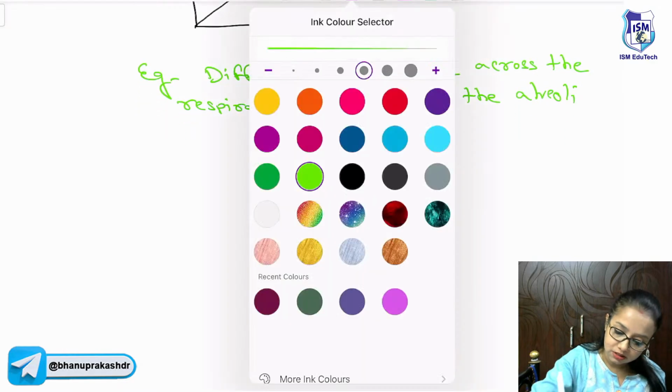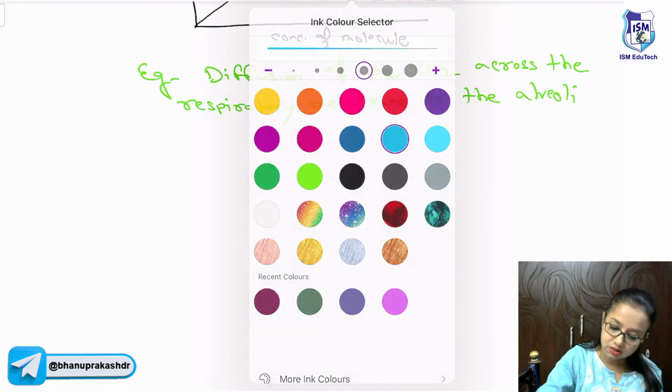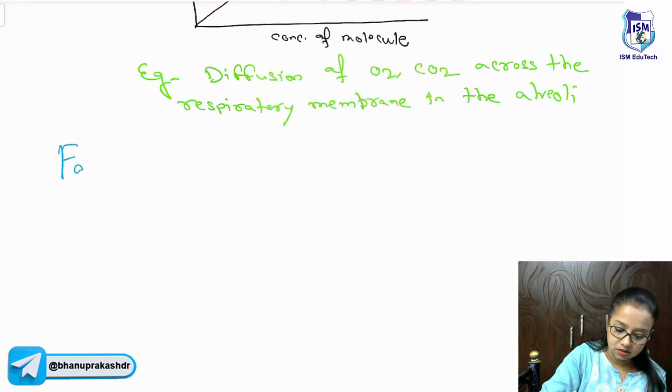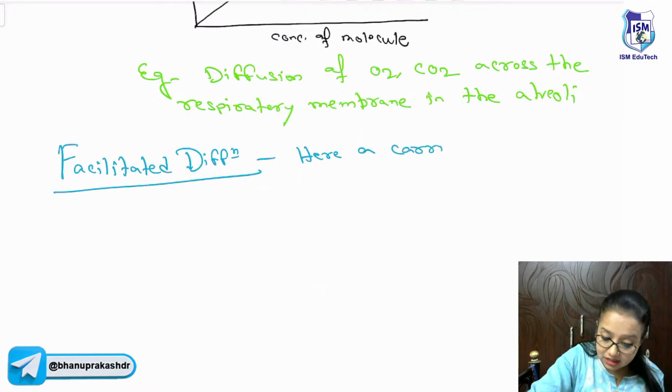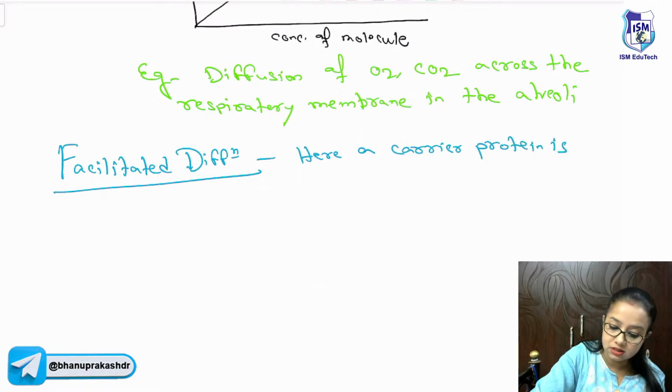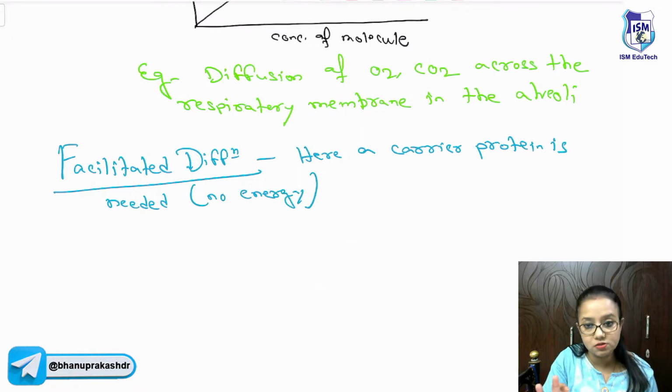Next is our facilitated diffusion. So what is facilitated diffusion? In facilitated diffusion, a carrier protein is needed, but no energy is needed because it's a passive process.